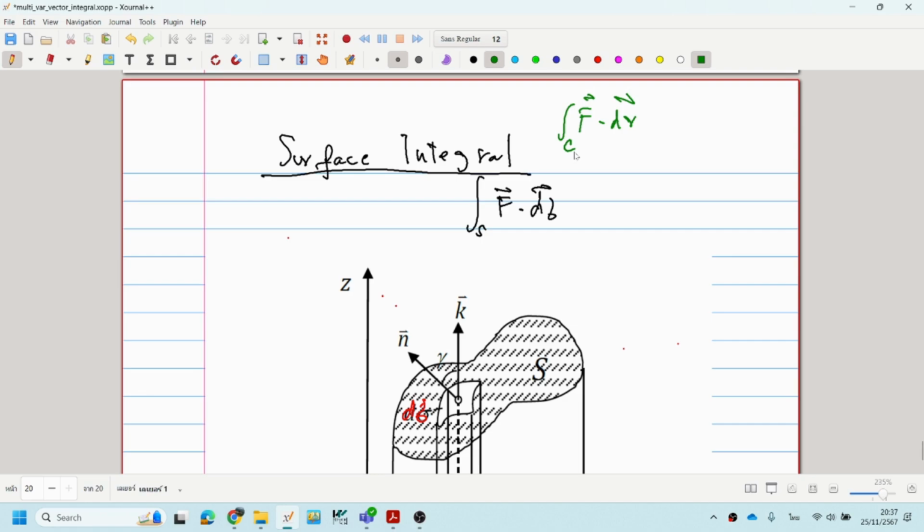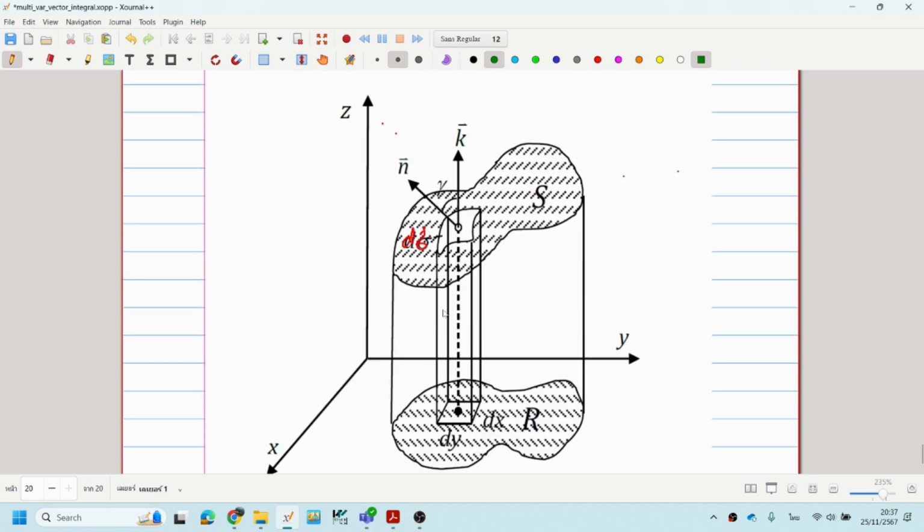The integration goes along a curve, and dr is the curve vector, F dot dr along the curve. I define the integrate operation along the curve. Now this topic changes to the 3D F vector dot d sigma.